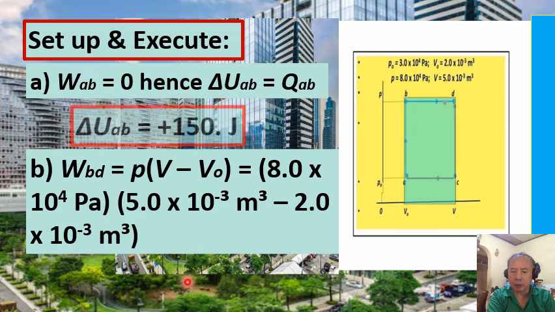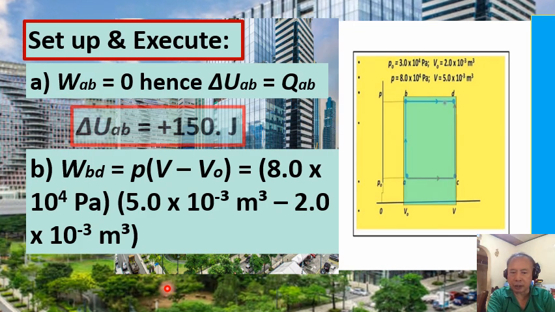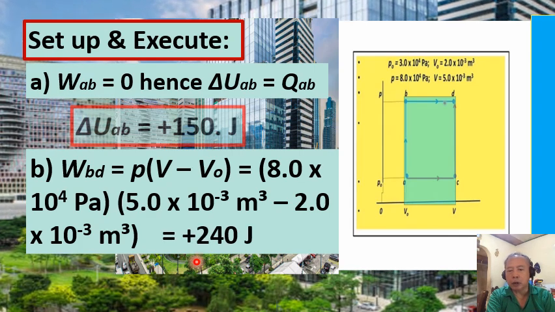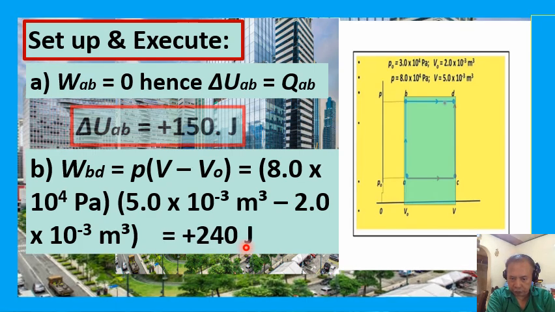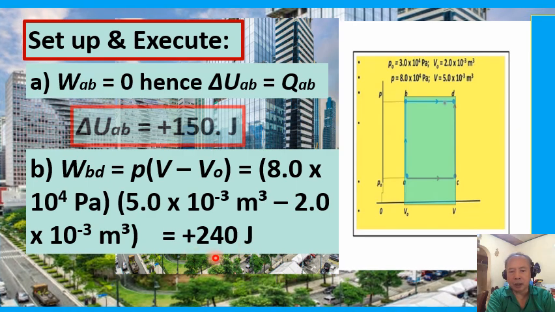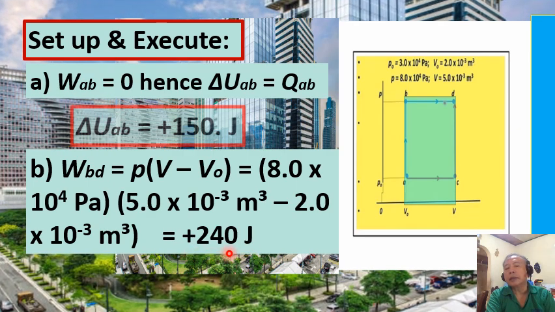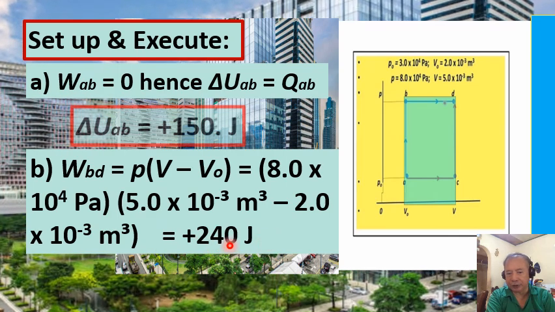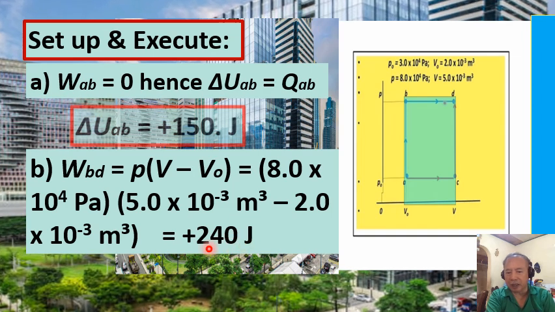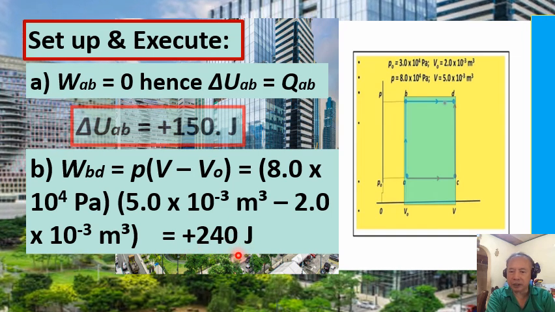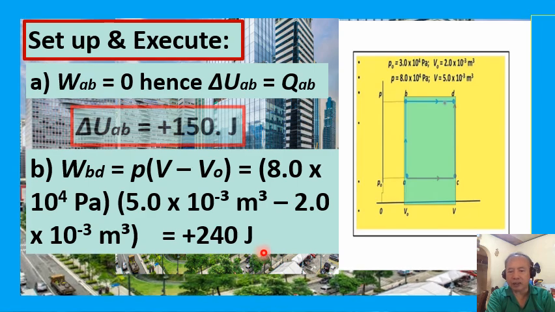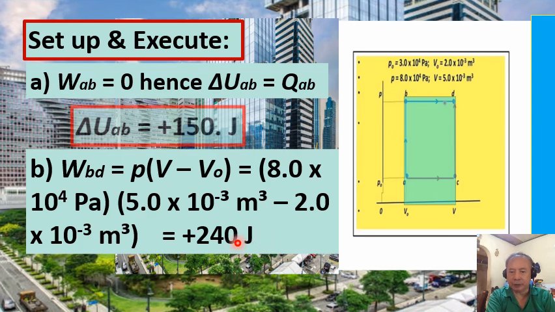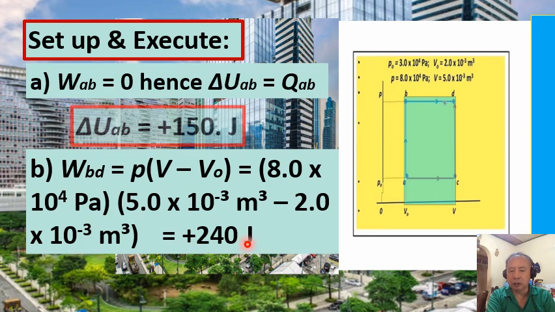So doing our math, we get the value of the work done, W sub BD, equal to 240 joules. It's understood that there are only two significant figures in our answer. And the work done is, of course, positive, which means that the work is done by the system on its surroundings.